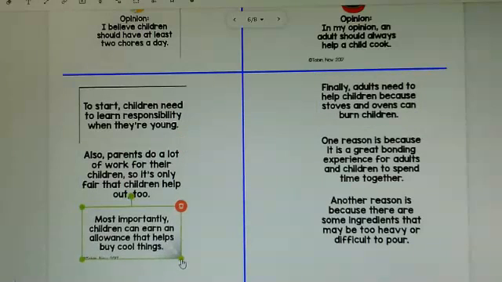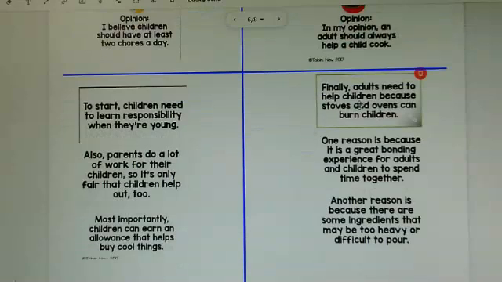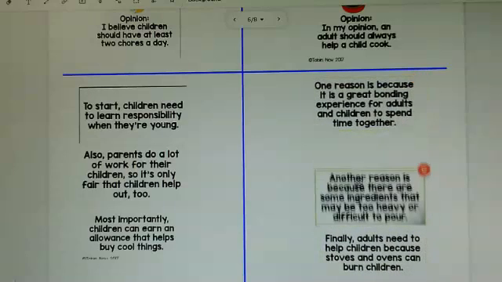Okay, need to do the same thing on this side. So, here's the opinion. In my opinion, an adult should always help a child cook. The first reason I have says, finally, adults need to help children because stoves and ovens can burn children. That word finally tells me it comes last because final means last. Okay?